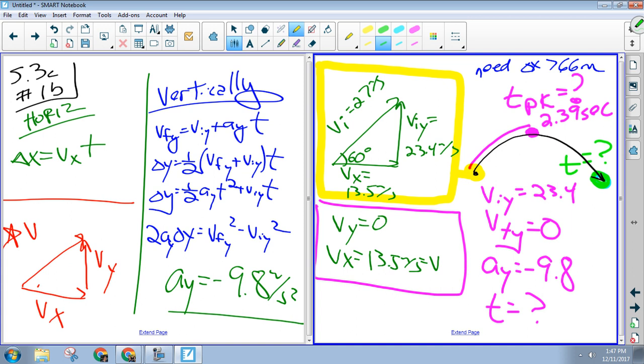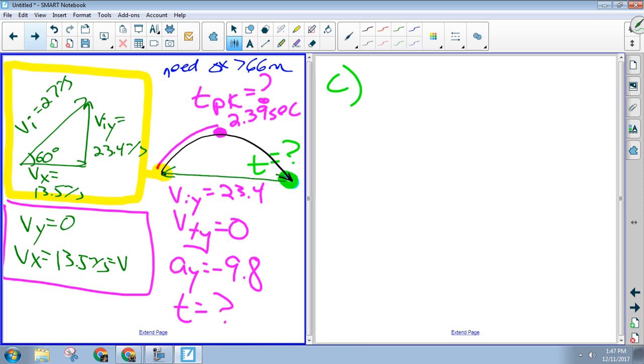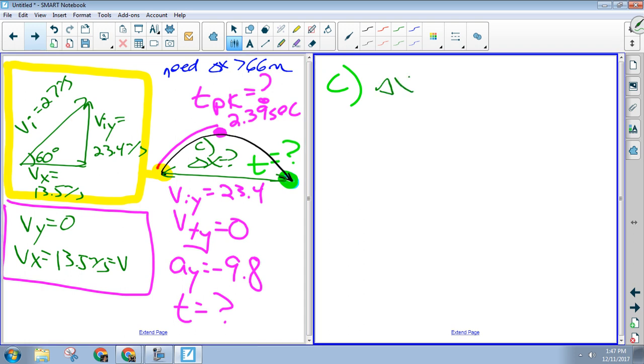All right, part C. How far do they go horizontally? So part C wants to know this displacement. Right? How far do they go horizontally? So to find my displacement total, I'm going to use my Vx and multiply it by my t.